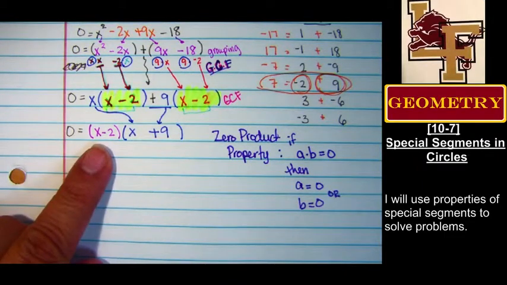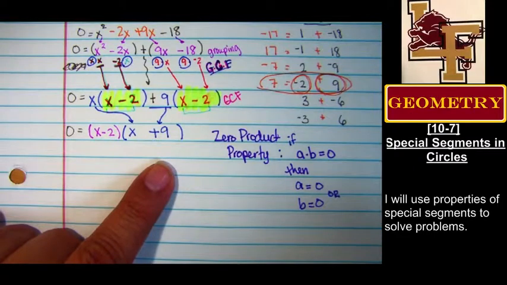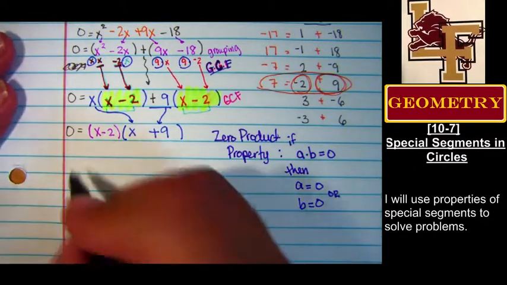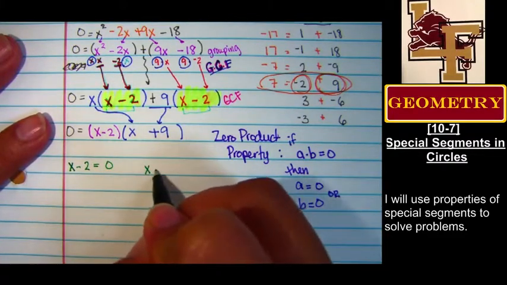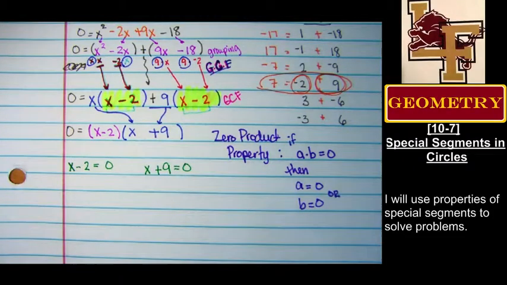So if I've got these two things, they're multiplying together, my result is 0, then either this pink one is 0 or the blue one is 0. And so the only way to figure that out is to write each one equal to 0 and then solve for the variable to figure out which values of that variable make it 0.